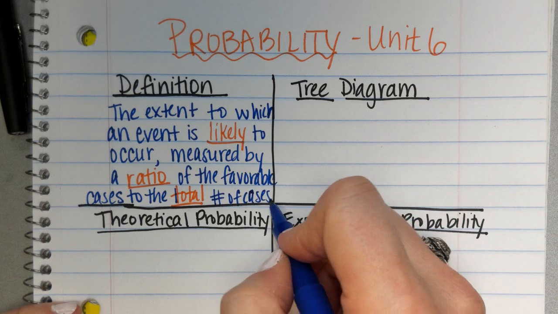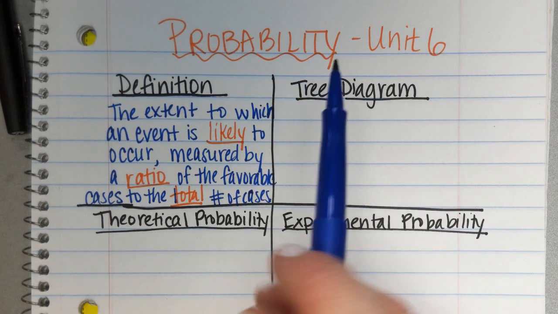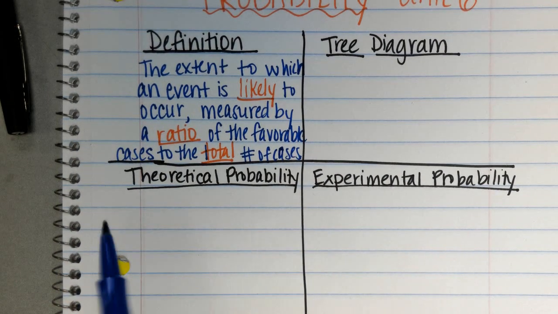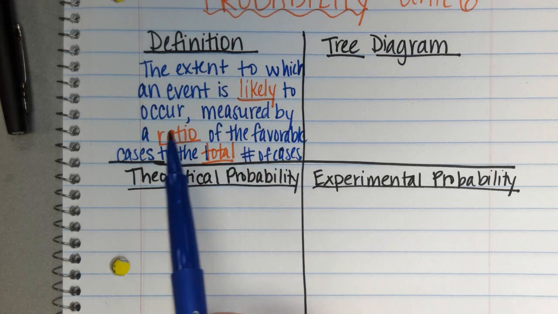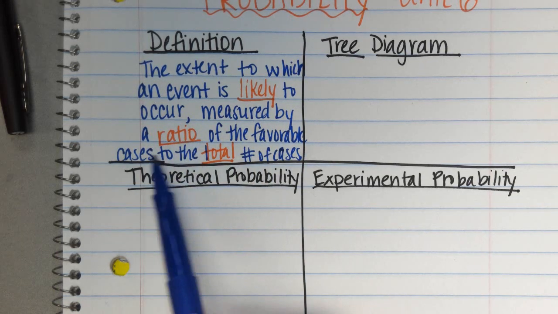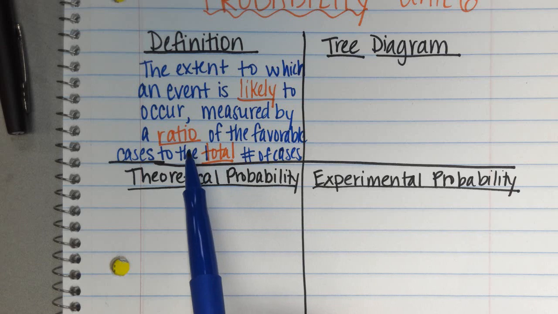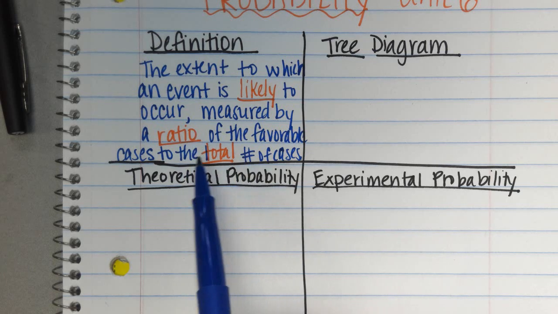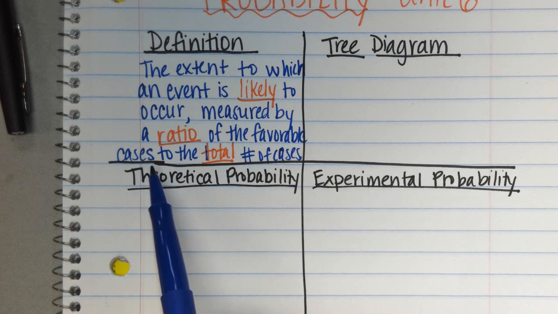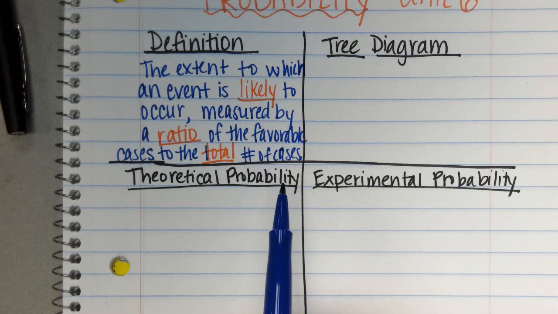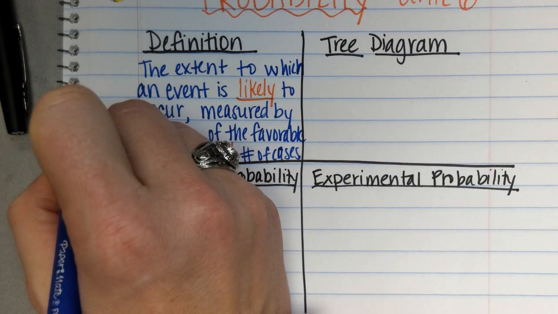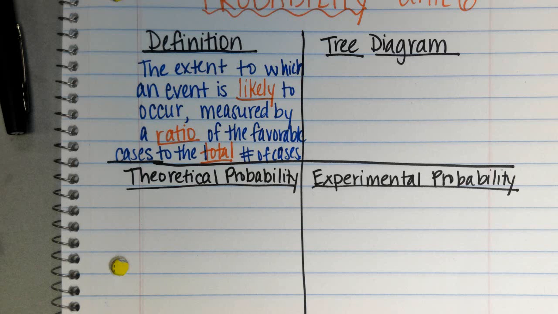So probability is the extent to which an event is likely to occur, measured by the ratio. You're going to see some ratios in probability. Ratios look like fractions. Of the favorable cases to the total number of cases. Okay, so I will draw an example.